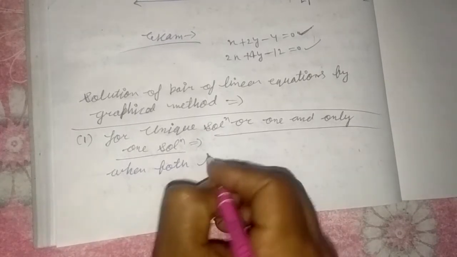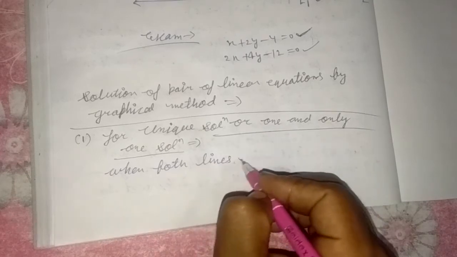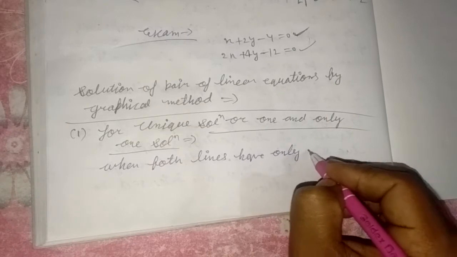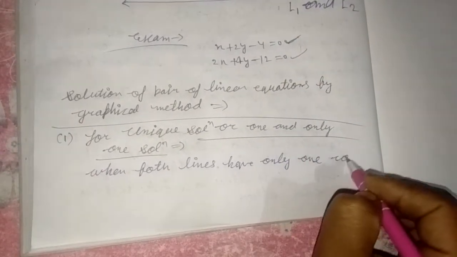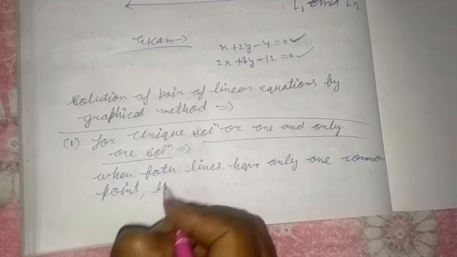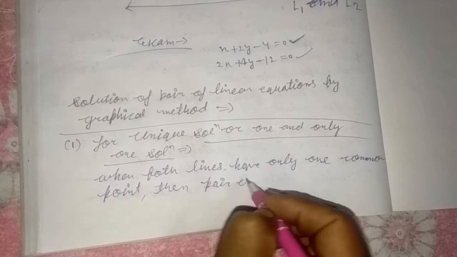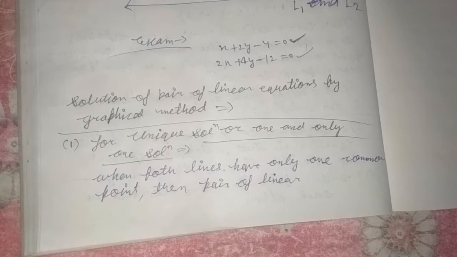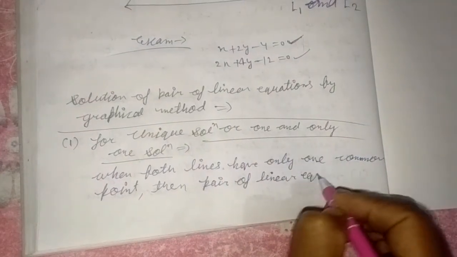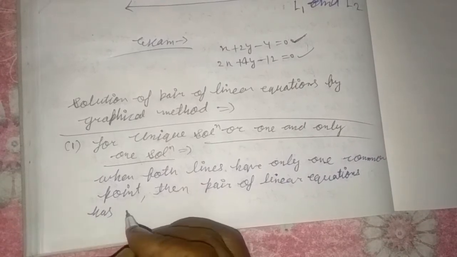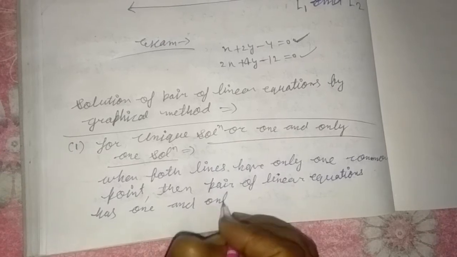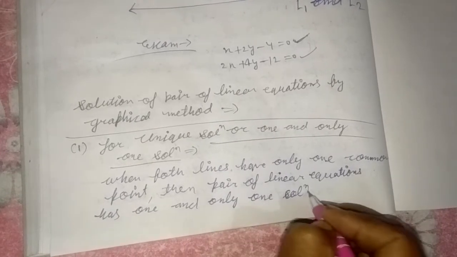So we write in this heading, when both lines, meaning straight lines, have only one common point, then the pair of linear equations has one and only one solution.